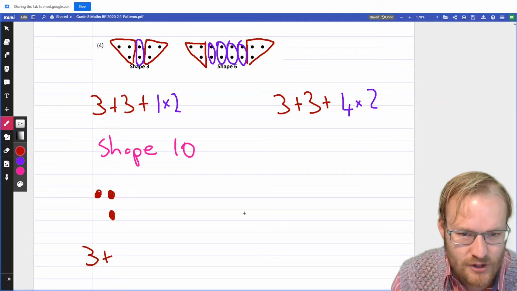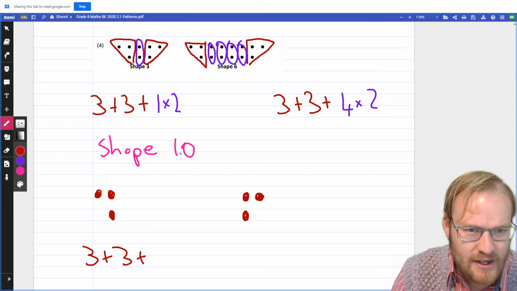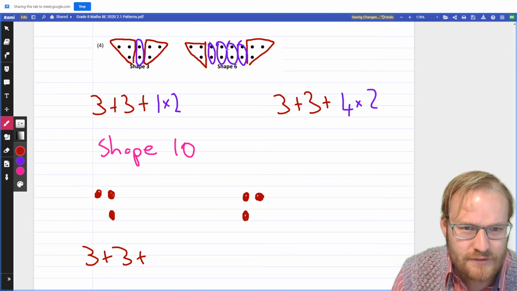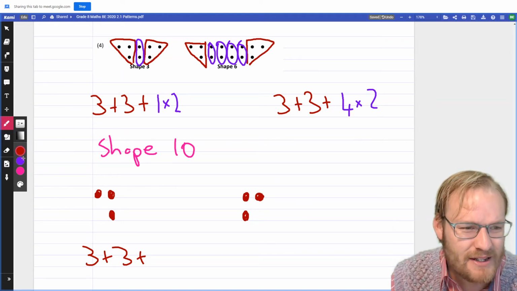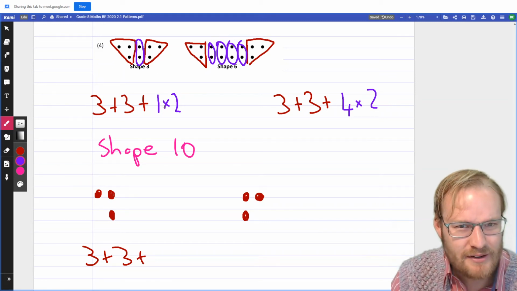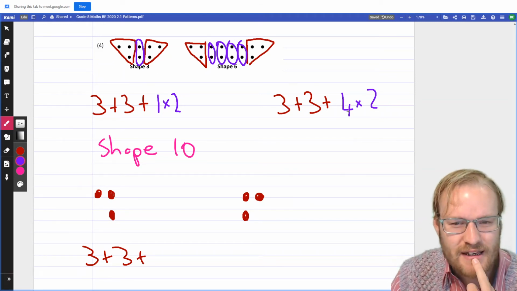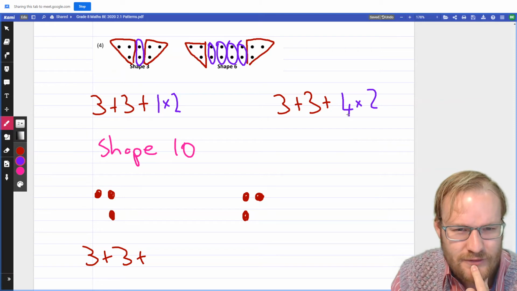Plus, I've got another group of 3 on the right hand side. That's 3. And then I've got a whole lot of groups of 2, a whole lot of pairs in the middle. Now, how many pairs do I have if in shape 3 I had 1 pair, and in shape 6 I had 4 pairs? So shape 3 I had 1, shape 6 I had 4.